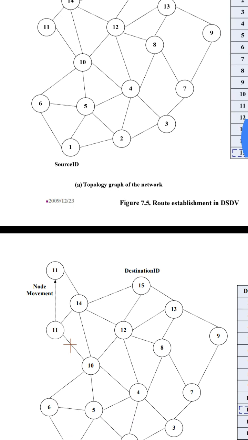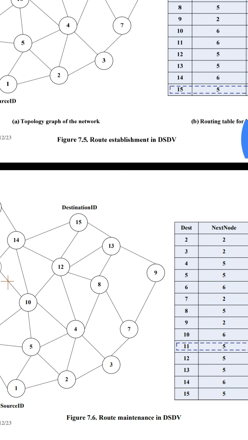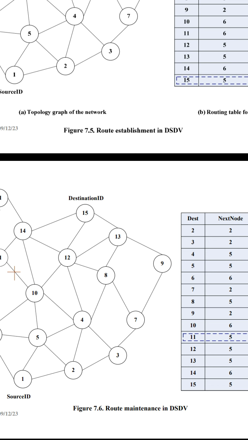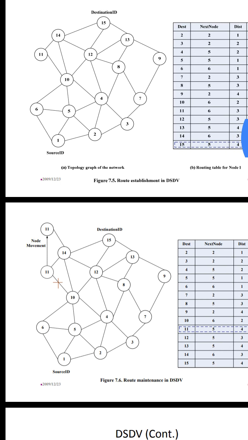Since the path is broken between 10 and 11, the corresponding row will be updated in the table like this. This is how, when a link is broken, each node updates its tabular information in the DSDV algorithm. By using this table we can reach the destination of our packets. So this is the simple method of the destination sequenced distance vector routing algorithm.